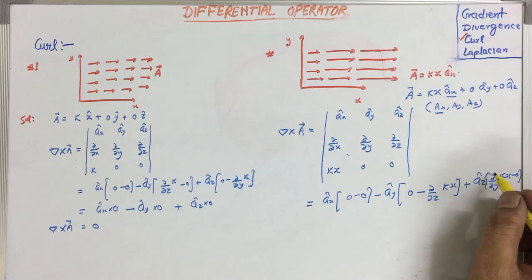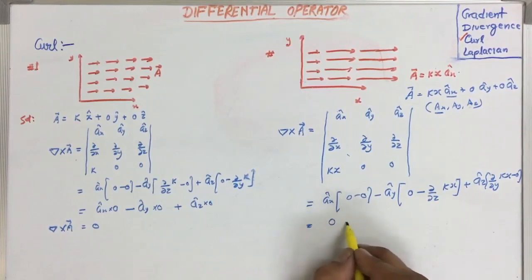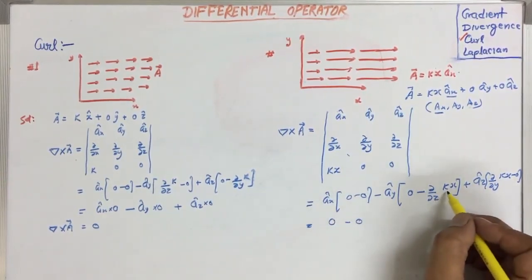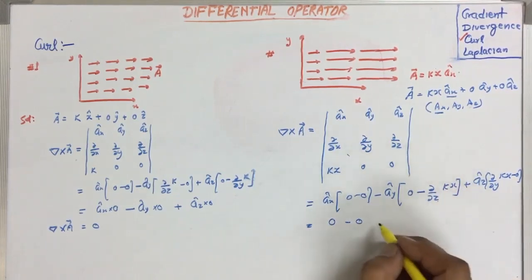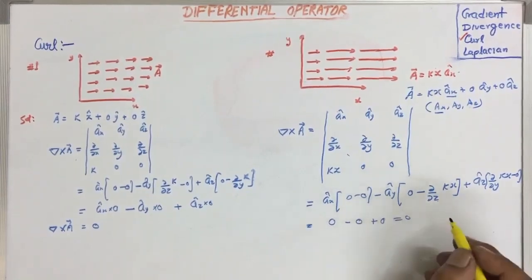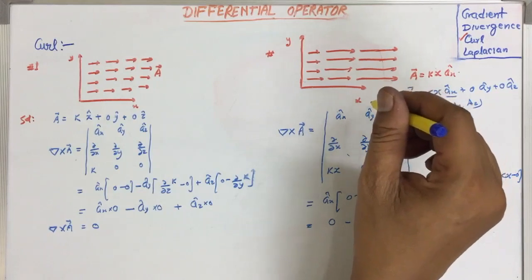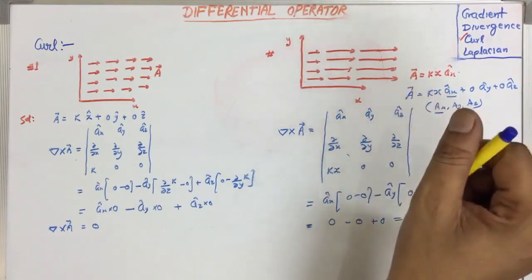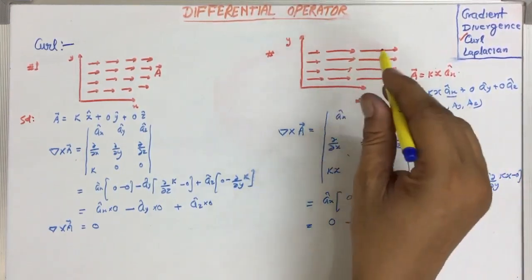Now what you can observe here, 0 minus 0, because this is varying in the direction of x, so the partial derivative with respect to z will be considered constant, so it will be 0. And here the same thing. So it is 0. Again, this field is irrotational, meaning it doesn't have any circulating nature. So the curl of field A is 0 again.